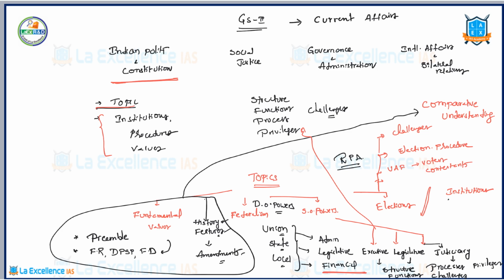The next part of the syllabus is related to institutions. Now, these institutions can be broadly divided by institutional origin into constitutional bodies. It means the constitution has created them.